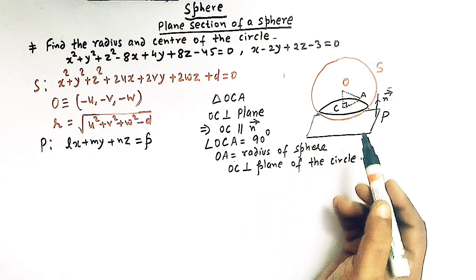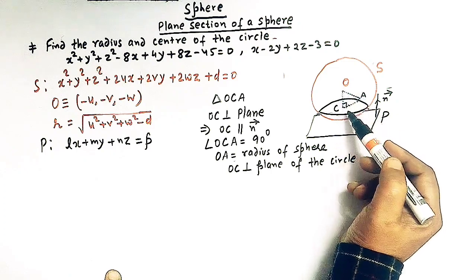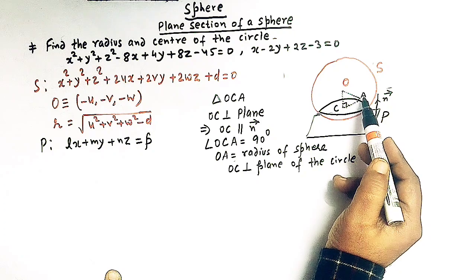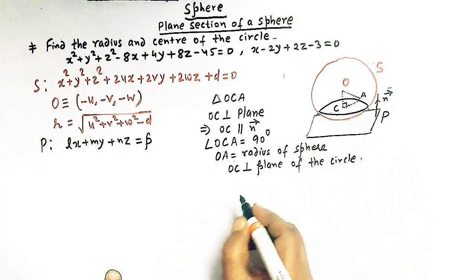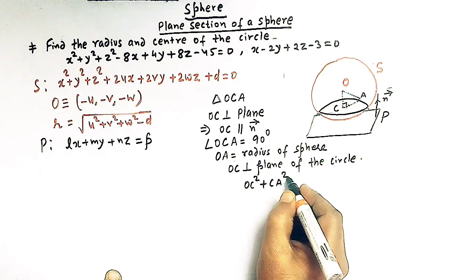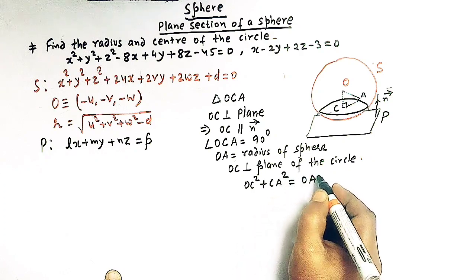Now if we apply the Pythagoras theorem to this right angle triangle OCA, we can easily write OC square plus CA square is equal to OA square.